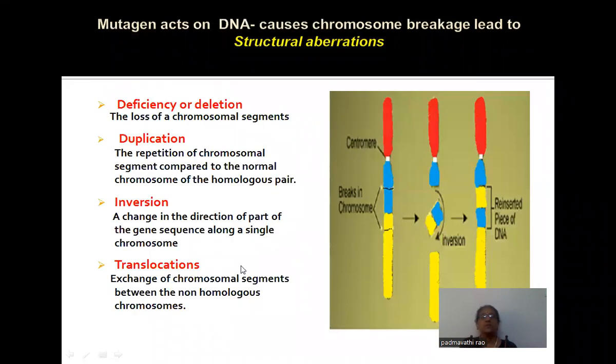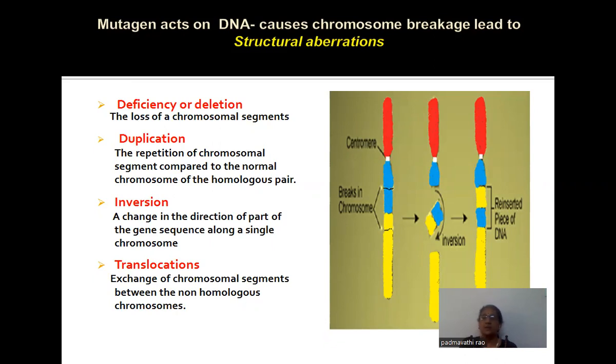Next is the mutagen which acts on DNA, causing chromosome breakage and leading to structural aberrations. You know that structural aberrations means there is a change in the structure of the chromosome. These are of different types: deficiencies, duplications, inversions, and translocations. In every type, the chromosome may break at any place and reunite, or sometimes a loss of segments takes place.